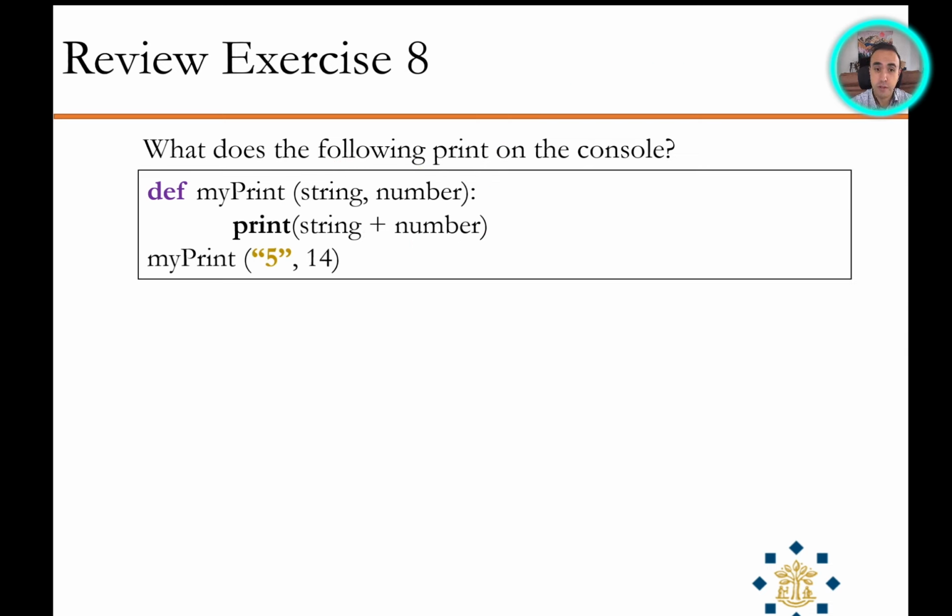Okay, so now this is the string plus numbers that I was referring to in the review exercise 5, I guess, or 6. So now 5 is text, or it's a string. 14 is a number or an integer.